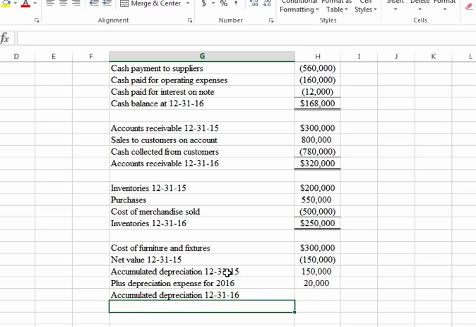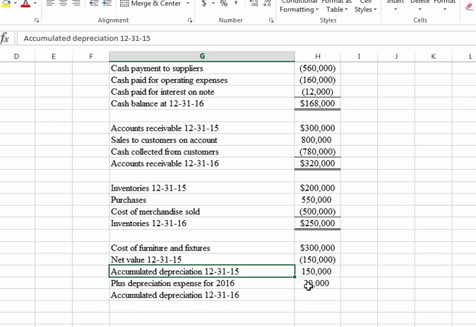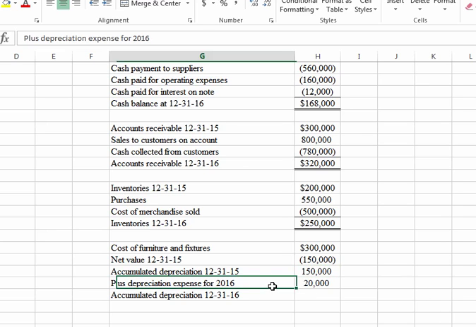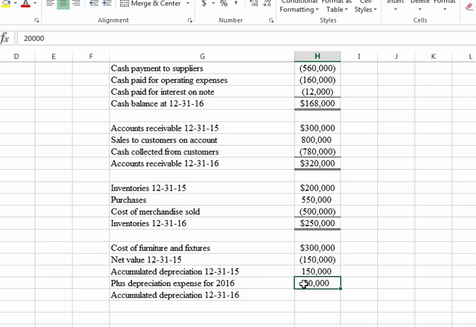So what we'll do here, we've got accumulated depreciation at the end of 2015. Just the cost that we were given less last year's net value or book value. That gives us the amount of accumulated depreciation at the end of 2015. Plus we'll add the depreciation expense for 2016.